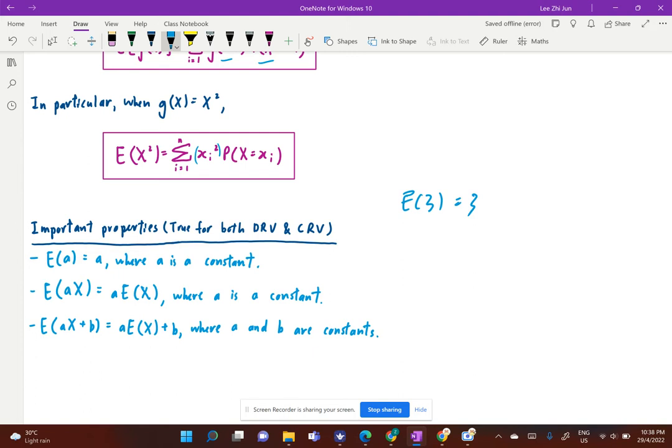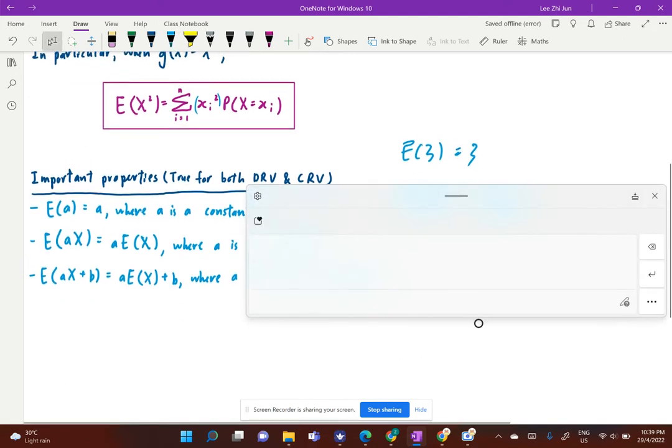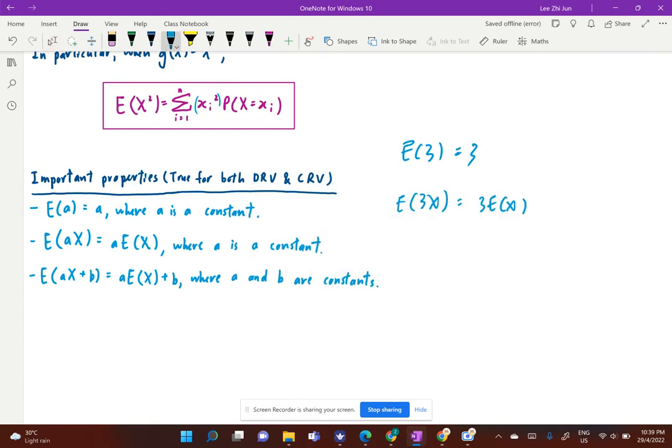E(aX), like E(3X), will be 3E(X), where E(X) is a value. So E(3X plus 2) will be 3E(X) plus 2. Remember to plus these 2.